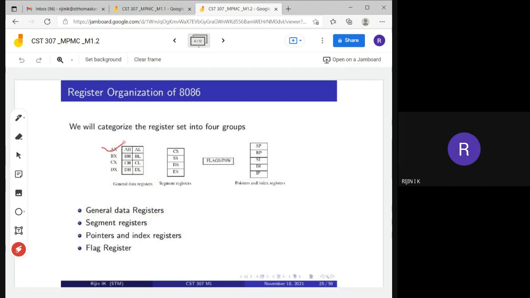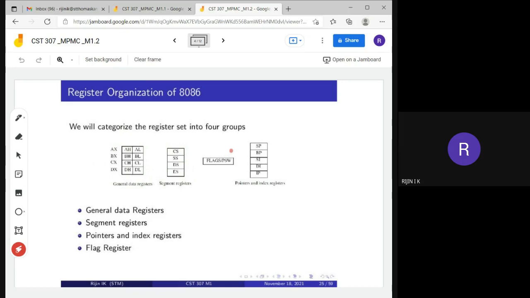That is AX, BX, CX, and DX. These are the 4 general data registers. The next group is segment registers. There are 4 segment registers: CS, SS, DS, and ES.